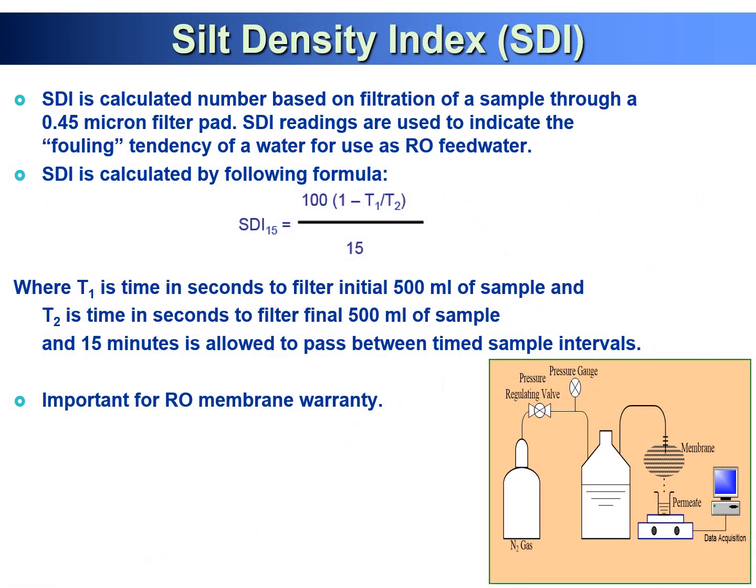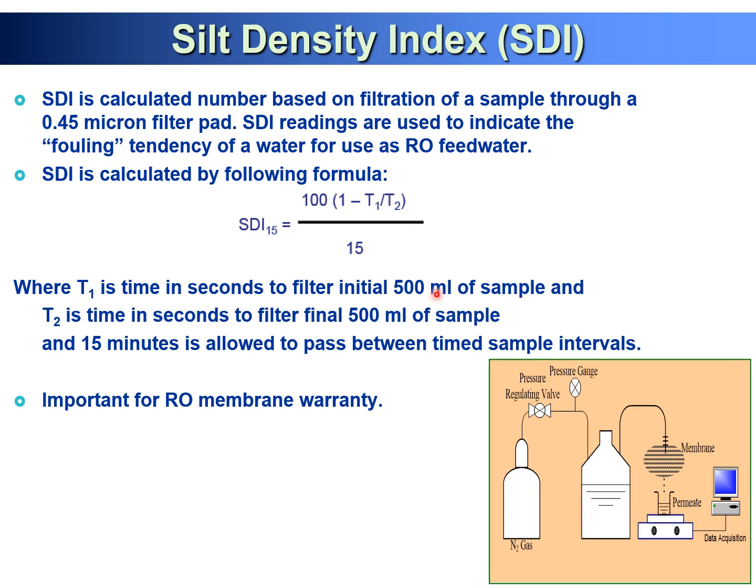This is the concept of SDI. SDI is a calculated number based on filtration of a sample through a 0.45 micron filter pad. SDI readings are used to indicate the fouling tendency of water for use as RO feed water.